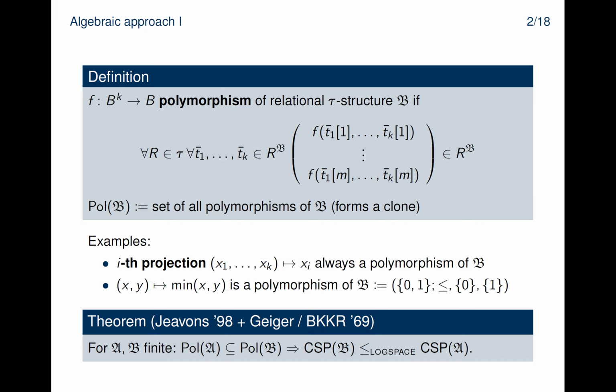This was the first level of the algebraic approach, where people observed that the complexity of CSPs of finite relational structures is completely encoded in their polymorphisms.